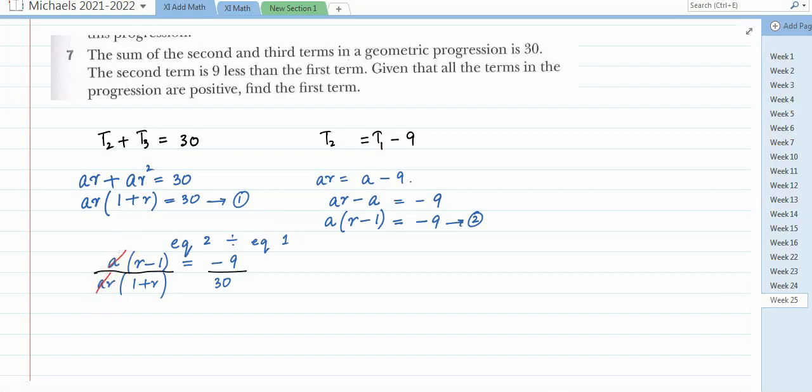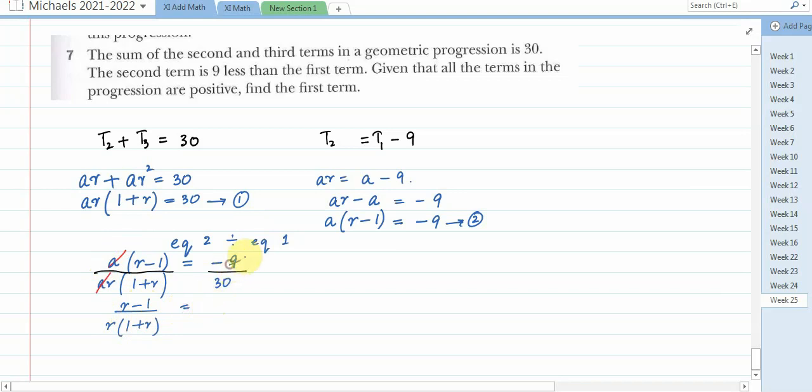What is the leftover? It's (r minus 1) divided by r(1 plus r) equals, 3 nines are 27... 3 3s are 9, 3 10s are 30. So that means minus 3 divided by 30. Now we can do the cross multiplication. So now it will be 10 times (r minus 1) equals minus 3r(1 plus r).